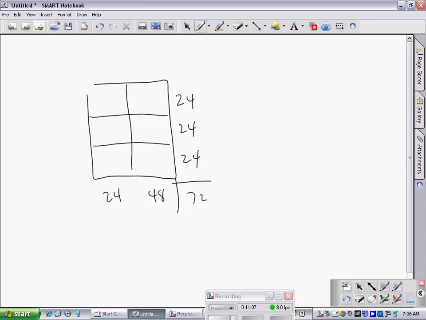Well, if I tell you this is 14, you can, of course, figure out that this one must be 8. Then if I tell you that this one is 6, you can figure out that this one is 18, but you can also figure out in the column that this must be 4, and then this number then must be 20. So for this problem, the degrees of freedom are 2.